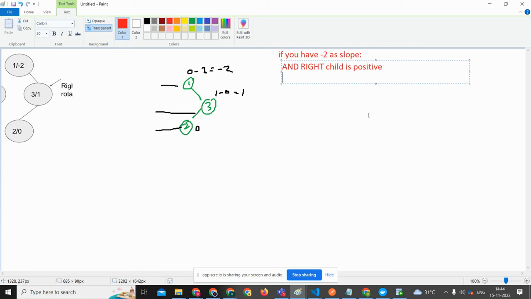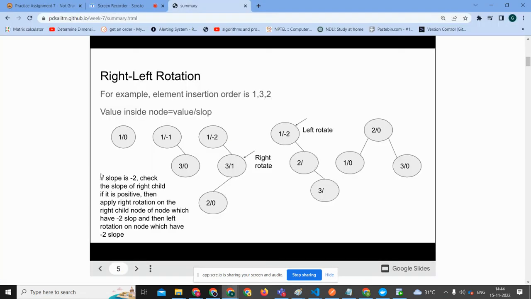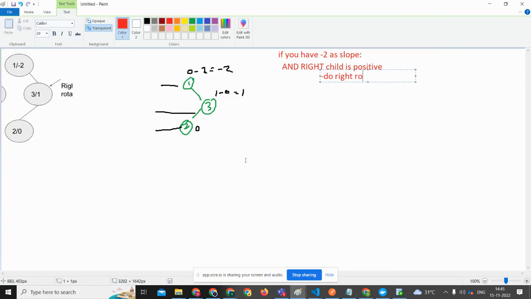Right rotation. Do a right rotation. So is it right rotation or left rotation? Yeah, right rotation on the right child.